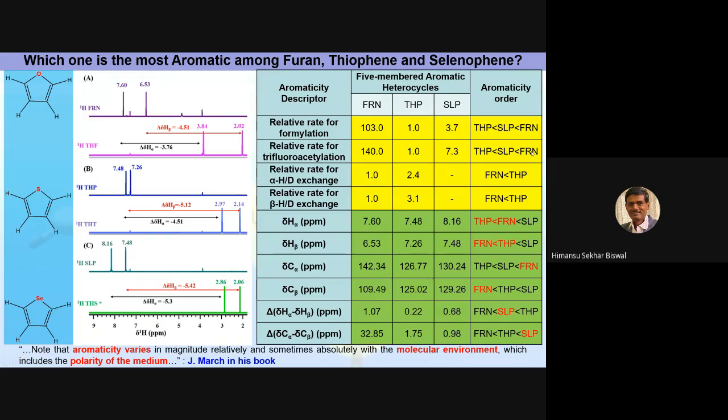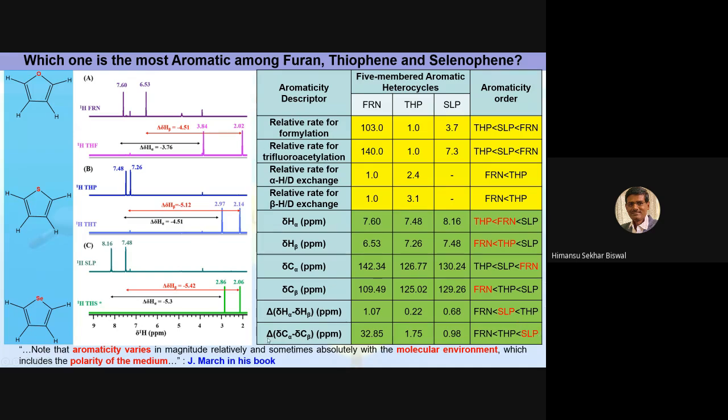Again, there is a lot of experimental data from the NMR calculations. We found the order is not the same. Depending on the different experimental parameter you look at, the order changes. Remember this: looking at different NMR parameters, the order becomes different.